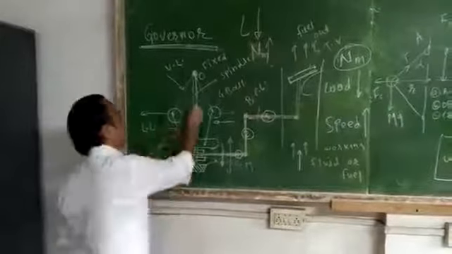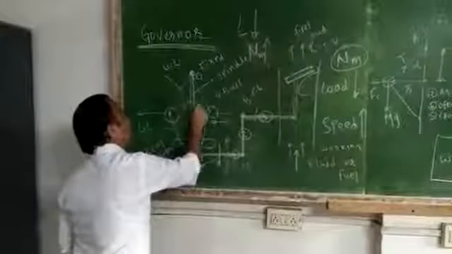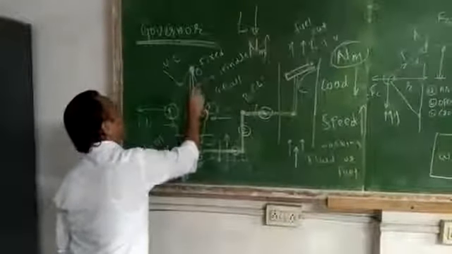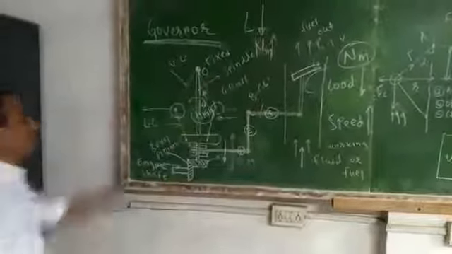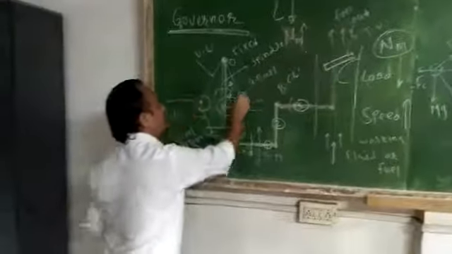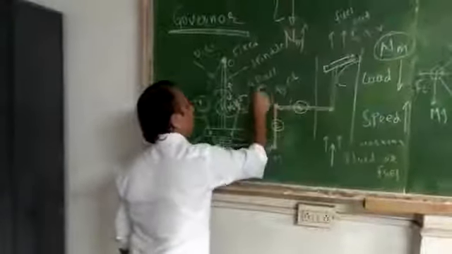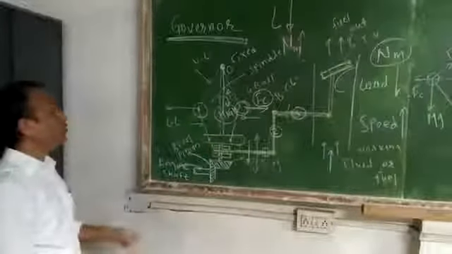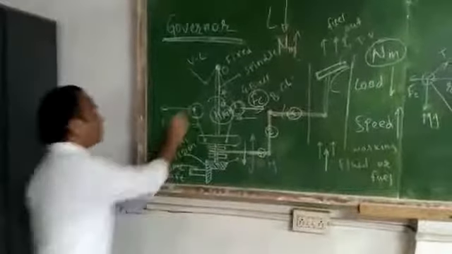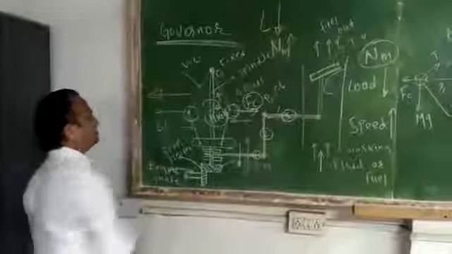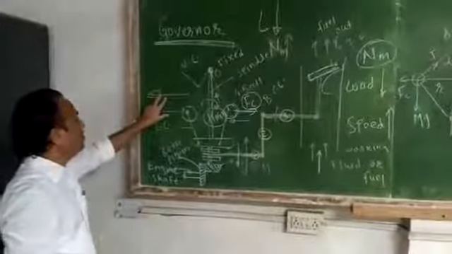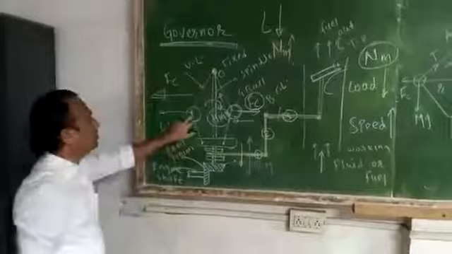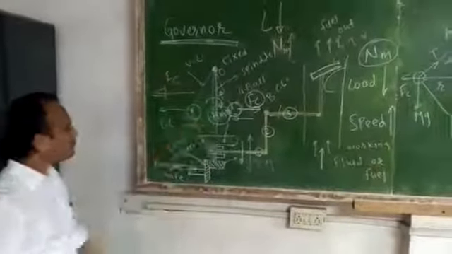So as the spindle is moving at high speed, what will happen? More centrifugal force, that is more FC, is acting on the governor ball. So the governor ball will move in an outward direction.